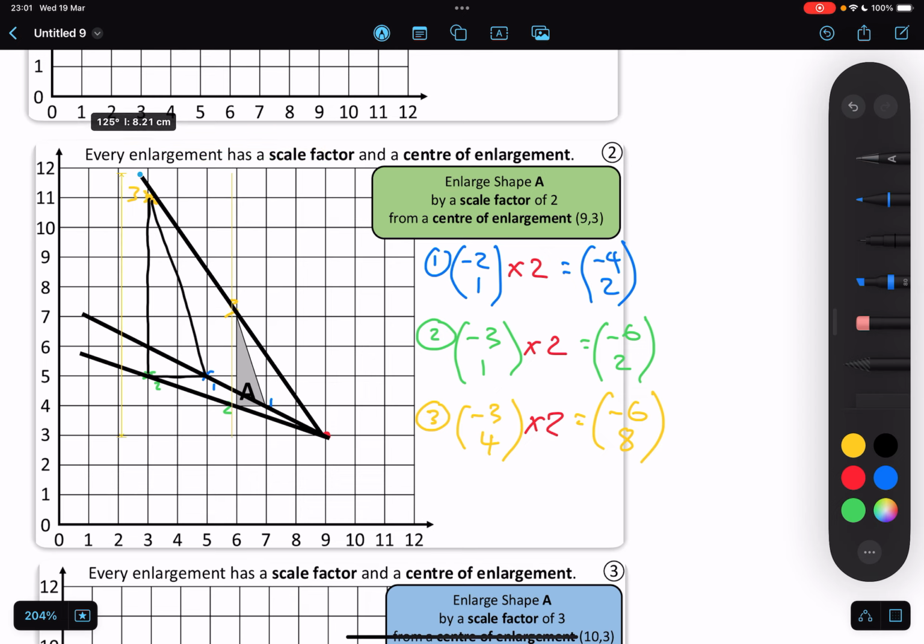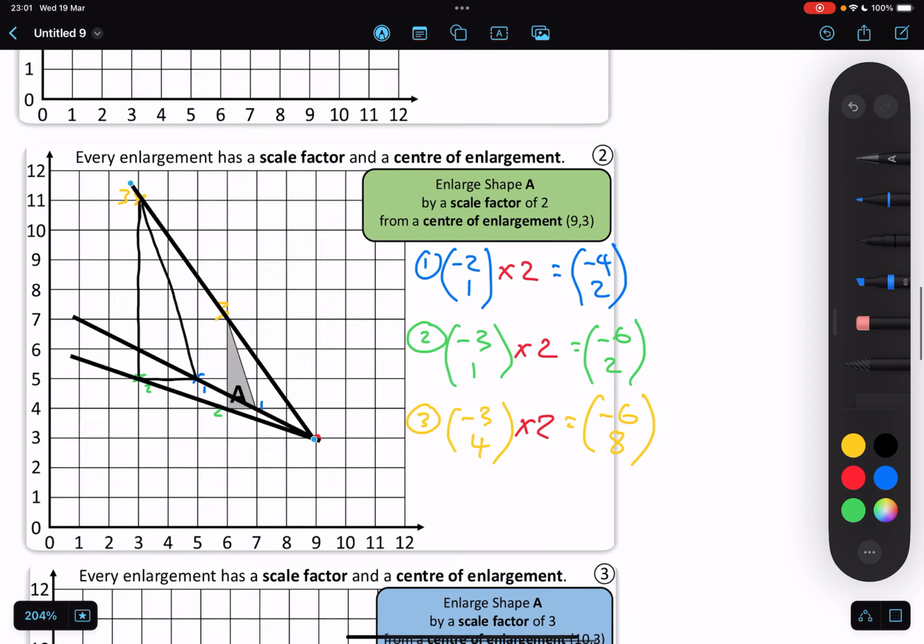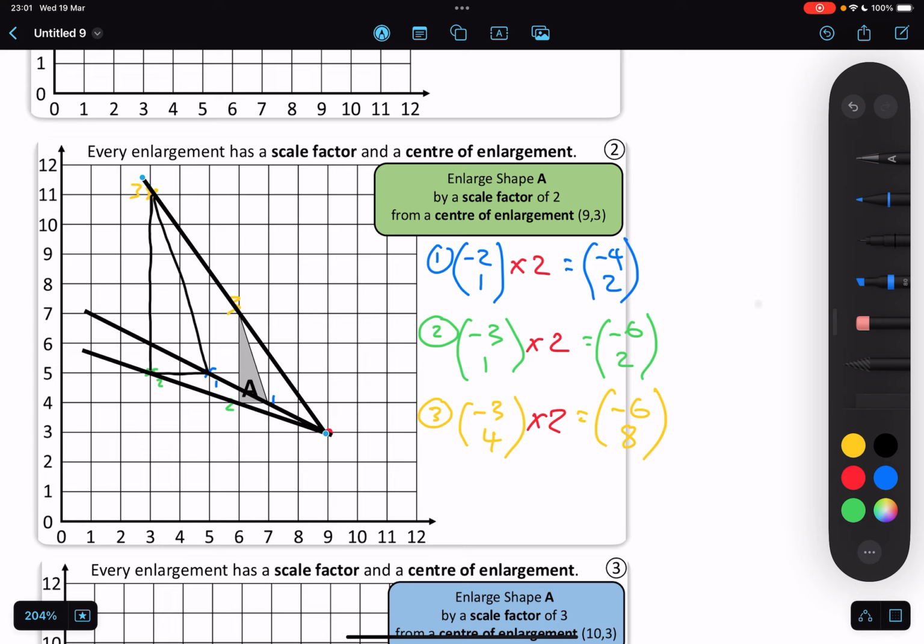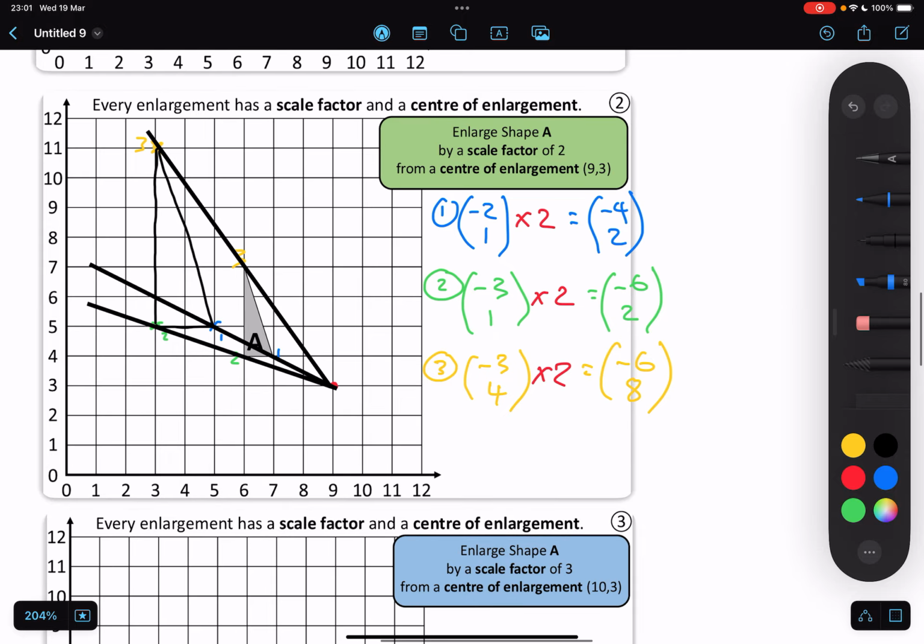So obviously you do this in pencil just to make sure that it is as accurate as possible. Okay, whatever it is, that itself works. So those are our rays and it confirms that it's correct. So before you leave the exam, you know you've definitely got the answer correct.